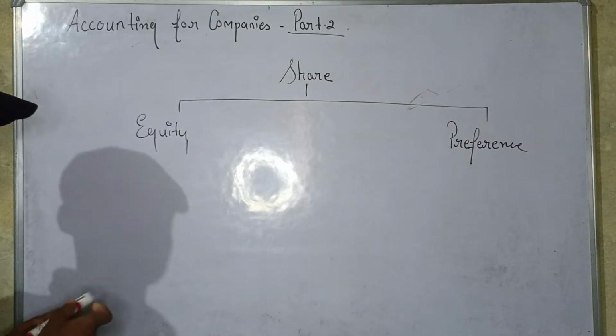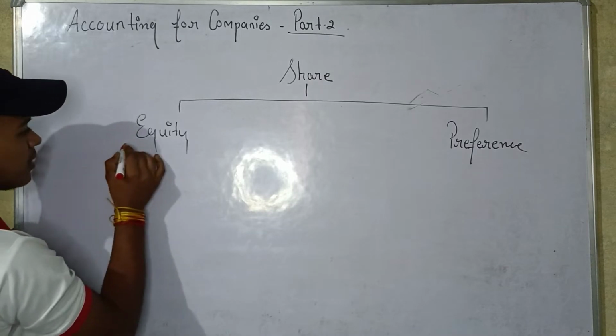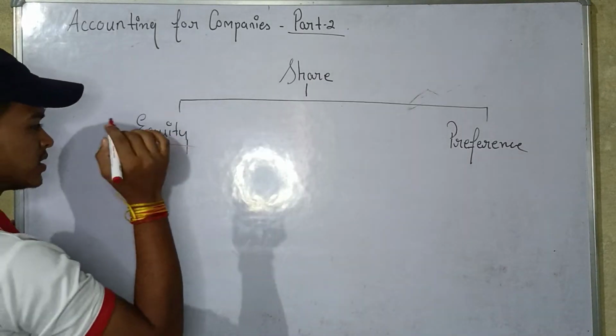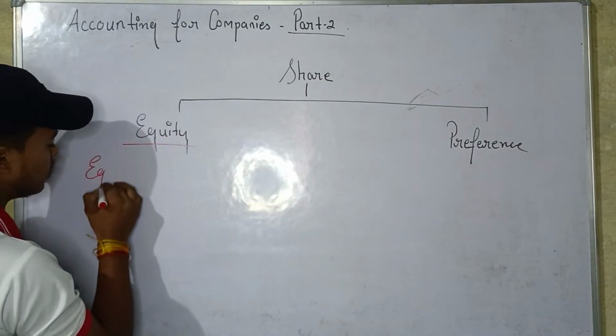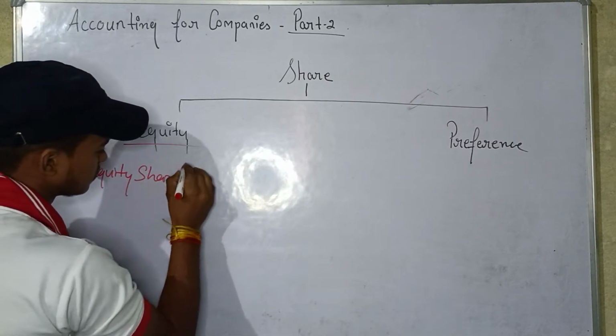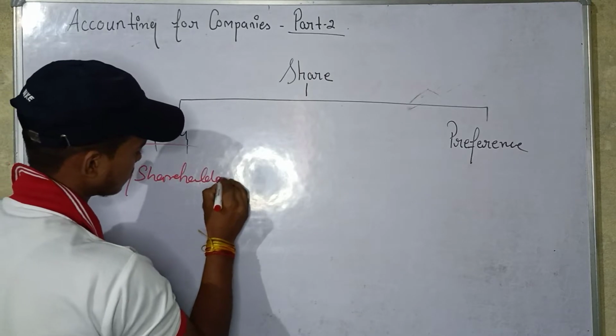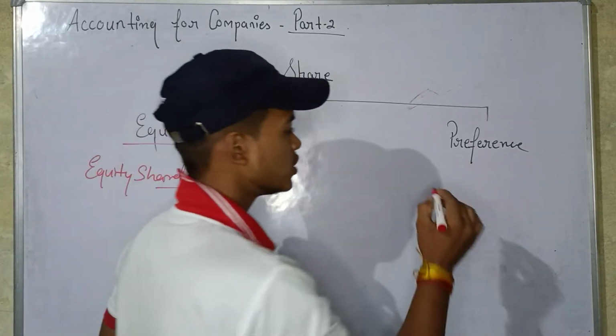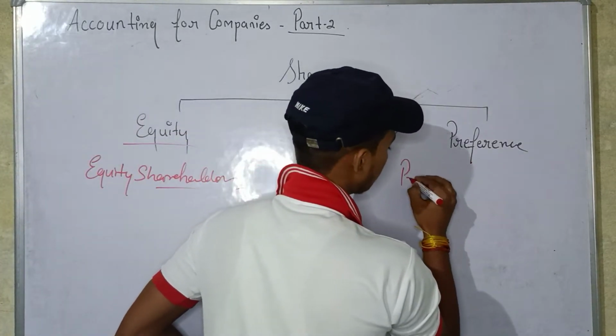Let's see. Firstly, a person who purchases the equity share becomes an equity shareholder. A person who purchases preference shares becomes a preference shareholder.